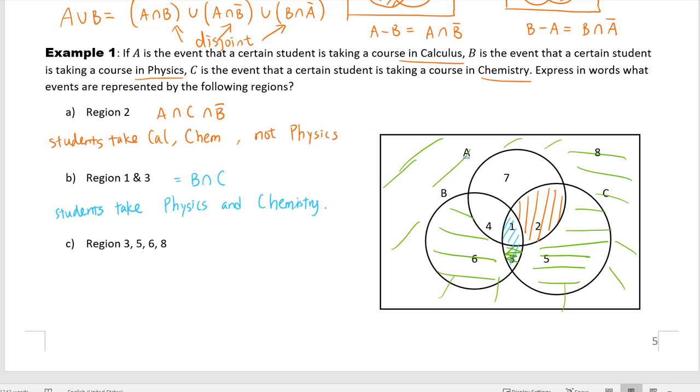It is the complement of A. So these are the students who do not take calculus. So far, so good, everyone. Okay, so this is the Venn diagram, and we can look at the information to find the answers. Okay, let's continue.